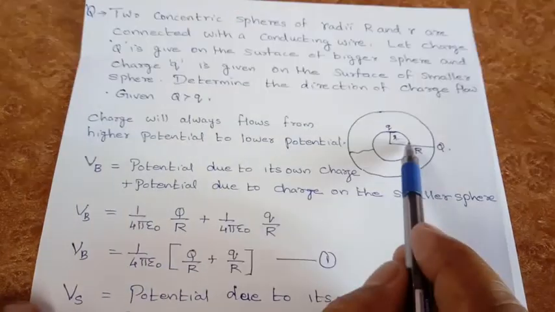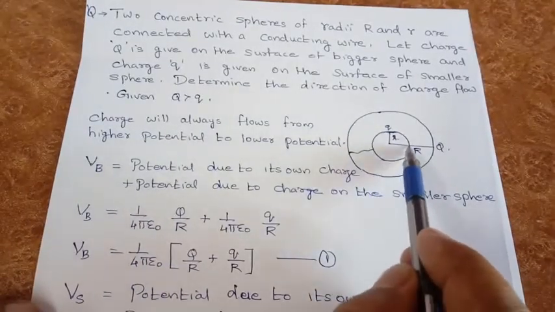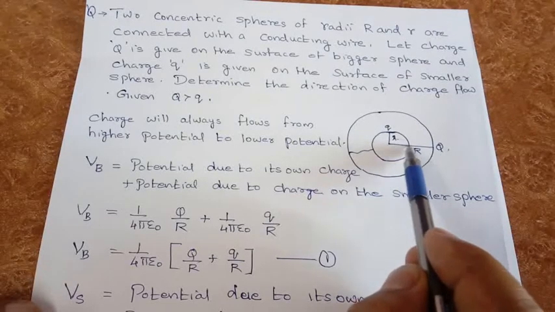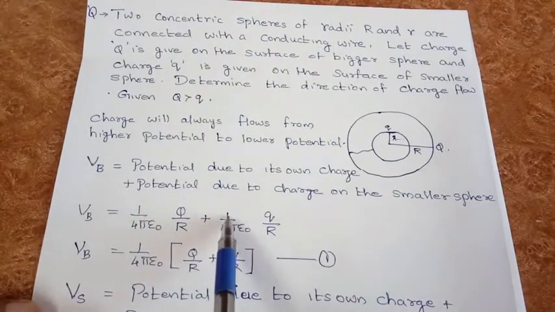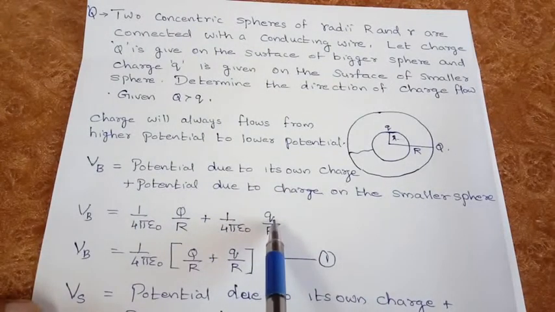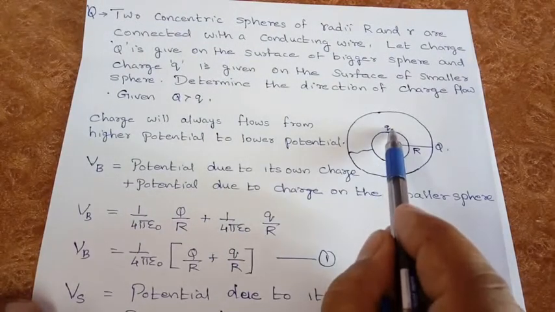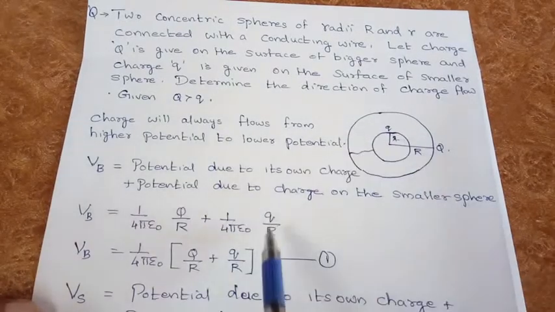Now the smaller sphere also produces a potential at a distance capital R from its center. So that potential will be 1 by 4 pi epsilon 0 small q, that is the charge on the smaller sphere, at a distance capital R.